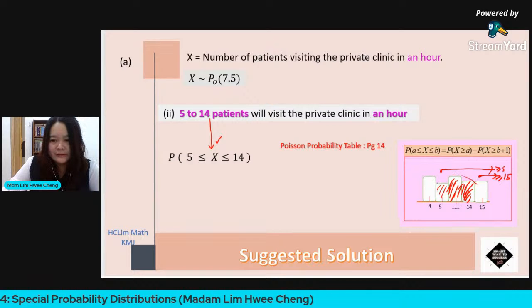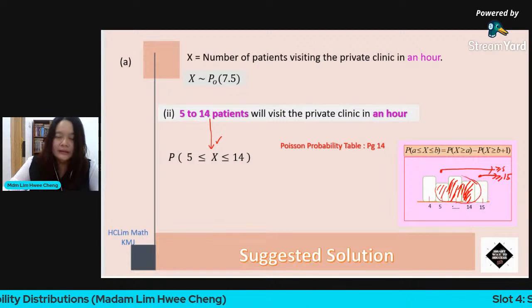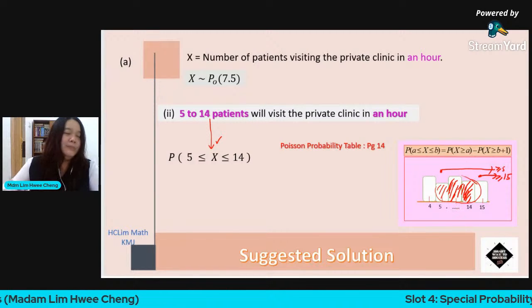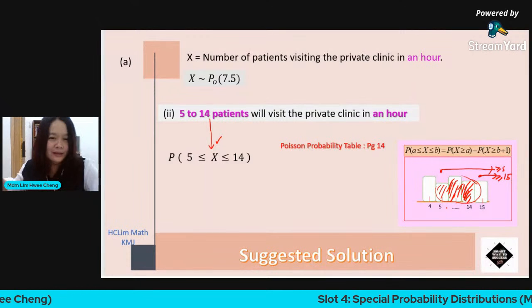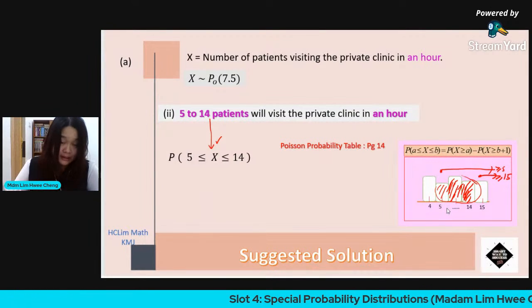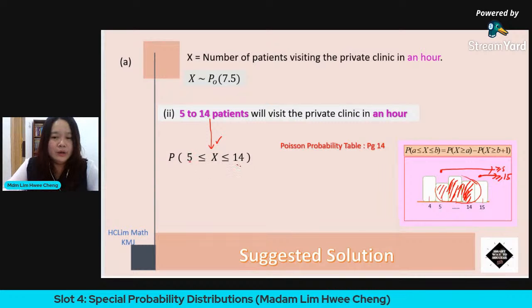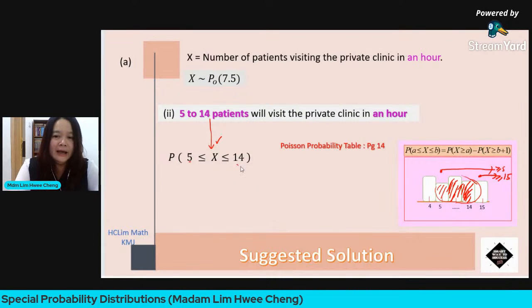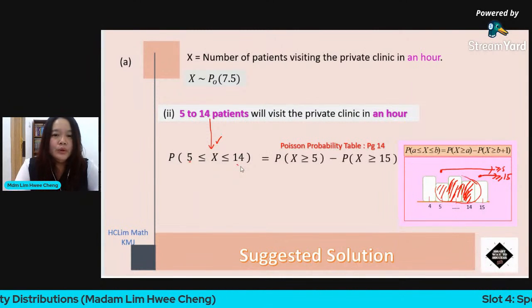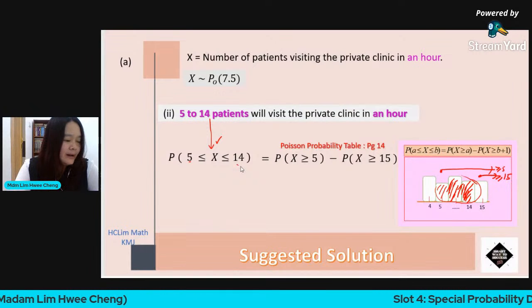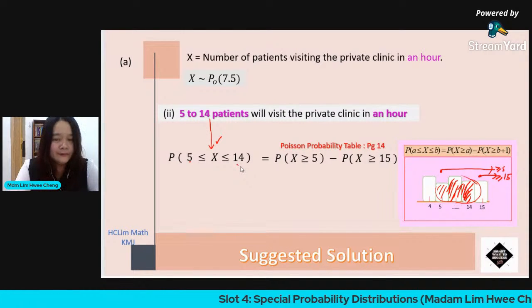So I just have this, I just want this only. I put a dot here because I am lazy to draw many bars. We don't need it, so I just skip some. I just take note of this value and this value. So definitely I have to read from greater or equal than 5, subtract with greater or equal than 15.